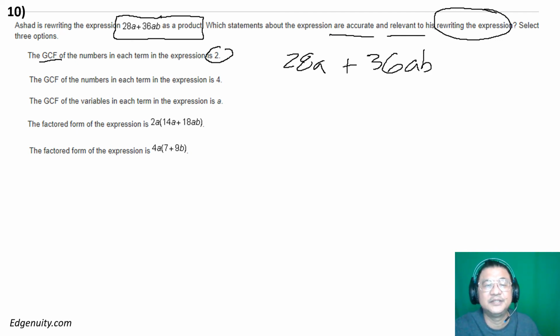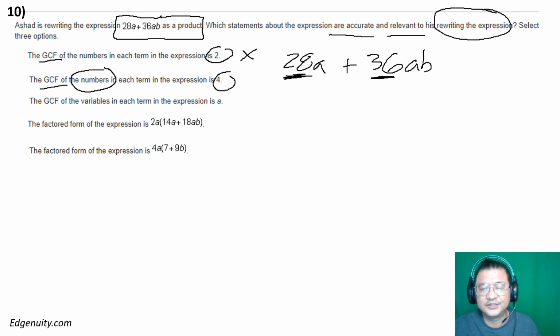Okay, could they be divided by 2? Yes, they could be divided by 2, but is that the greatest? No, it's not. So next, the GCF of the numbers, just focus on the number, all right, is not 2 but 4.